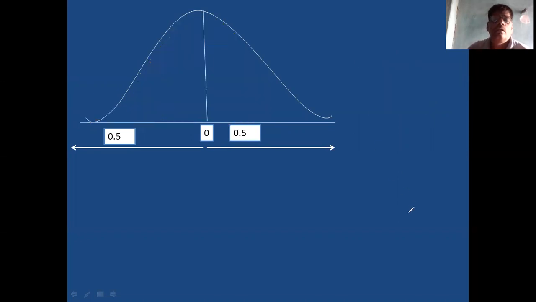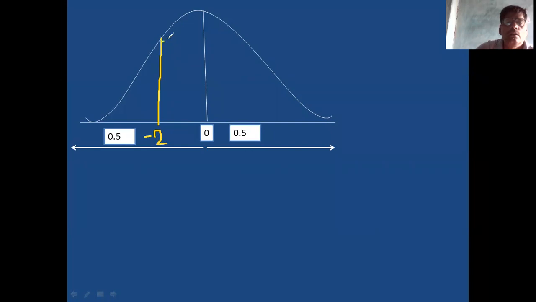Then if the answer is more than -2, if the given answer in the problem is more than -2, more than -2 means you have to mark right hand side area.